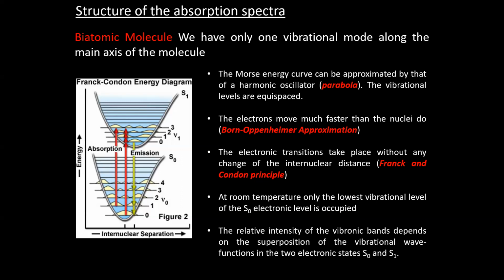Here, if you look at the transition to the first level, the probability to have the molecule here is large. Okay, so the transition probability from here to an excited level depends on the superposition of the two wave functions. And this superposition is different depending on the level where you arrive.